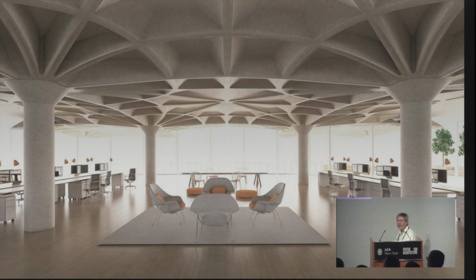Mathematicians often use the term elegant to describe an equation that's simple, that's beautiful, that performs in a particular way. And I think there's a new beauty that we're beginning to appreciate in architecture, which is the result of this rigorous geometric and structural process.